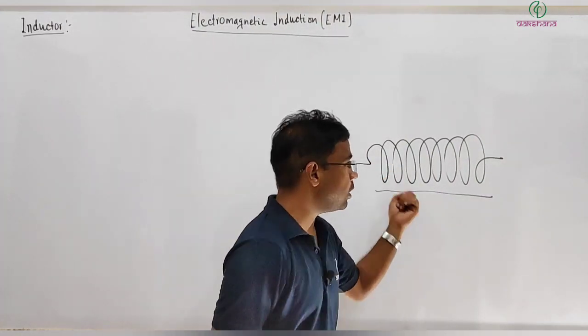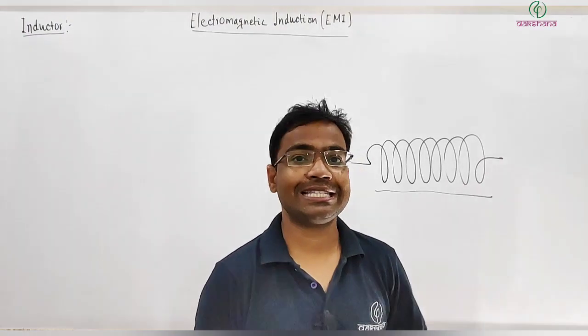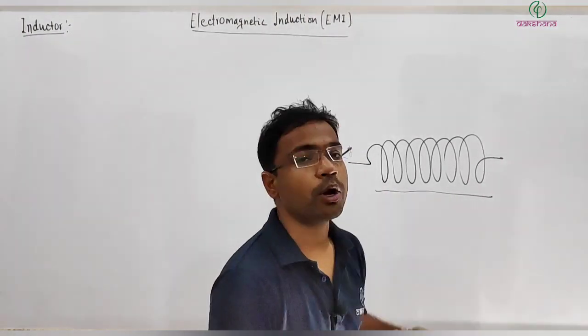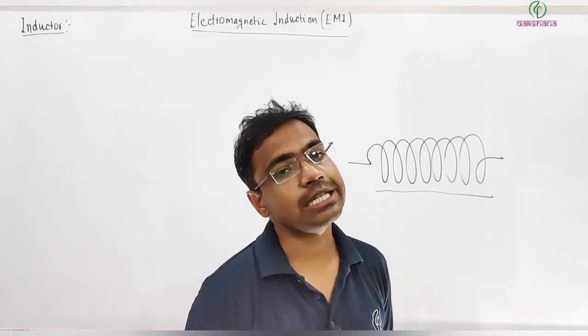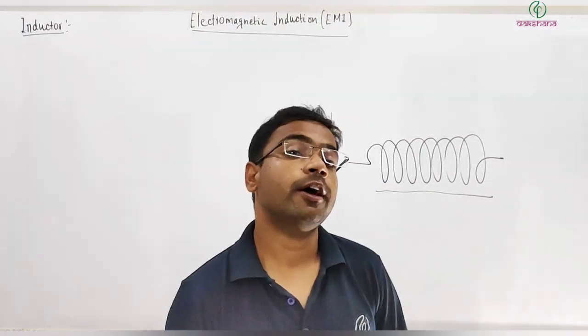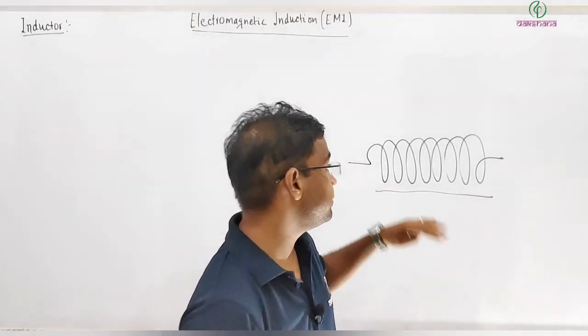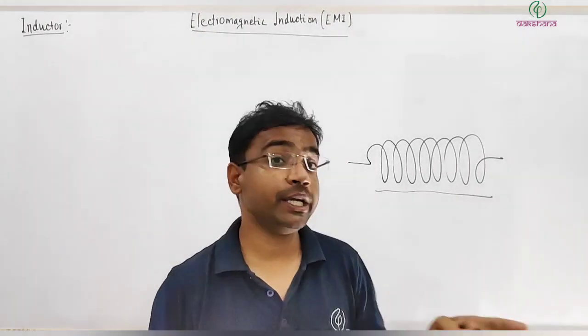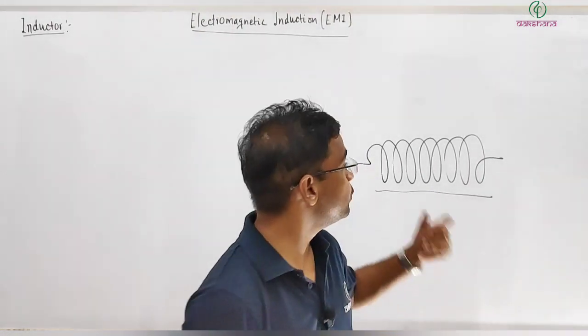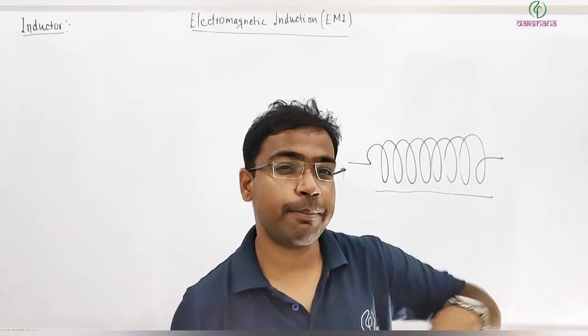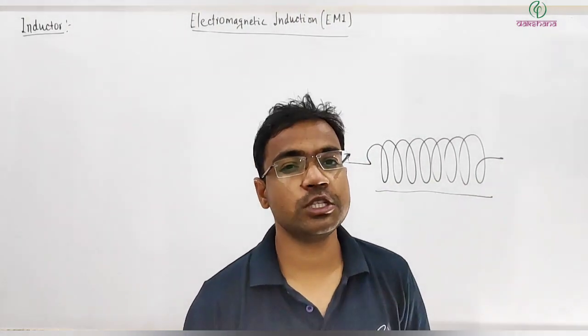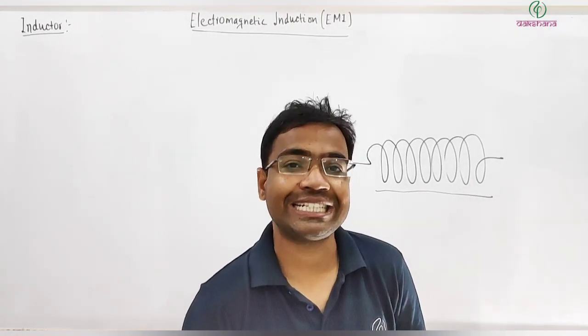Basically the role of this device, the inductor, is that it has a property: if a changing current is linked to it, or if a flux is linked to it and wants to change, then it has the property to oppose that. It wants to keep it constant, and we measure that opposing property in terms of inductance.